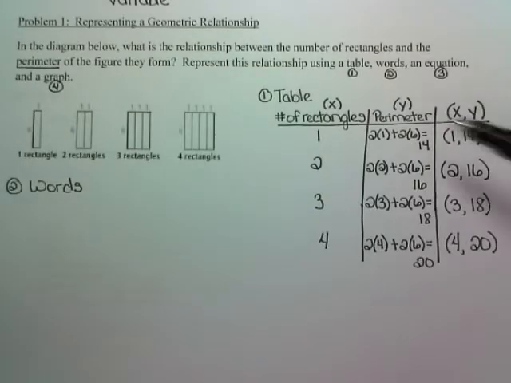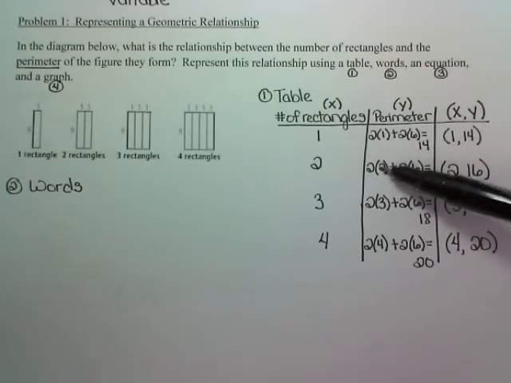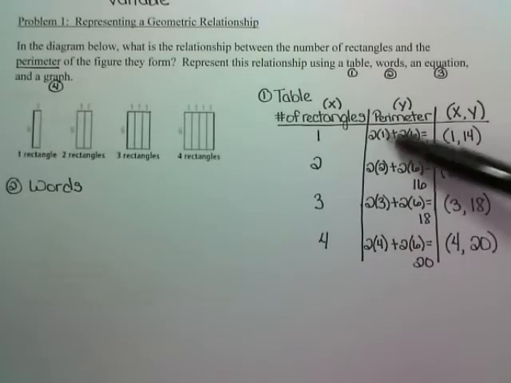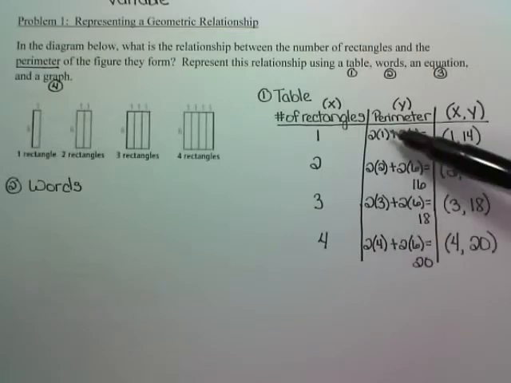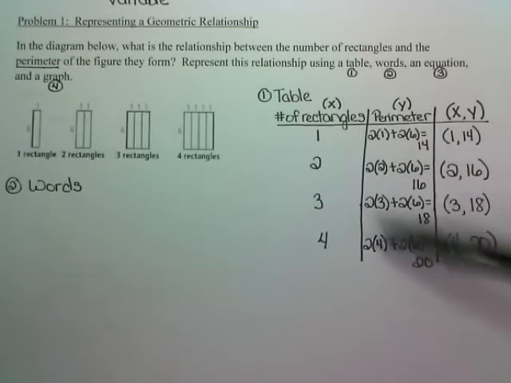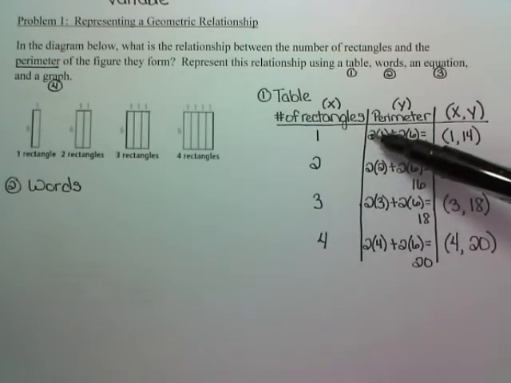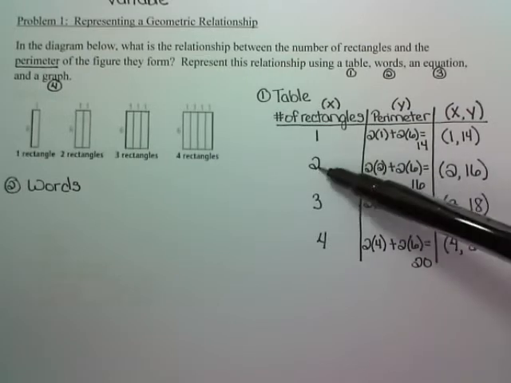If I multiply, I'm multiplying 2 times 1, and then 2 times 2, and then 2 times 3, and 2 times 4. And let's think about, where does this 1, 2, 3, and 4 come from? Where am I seeing this? I'm actually seeing 1, 2, 3, and 4 here in the number of rectangles. So I'm actually multiplying 2 times how many rectangles I have in my picture.